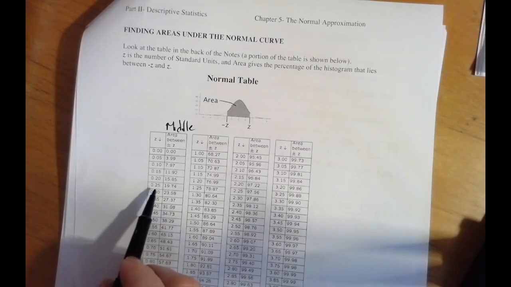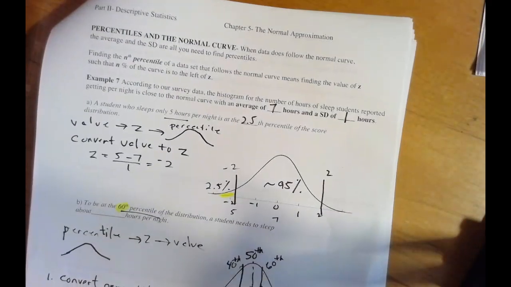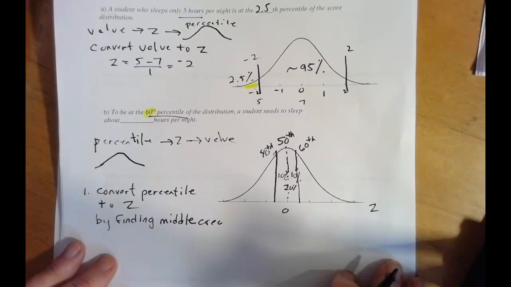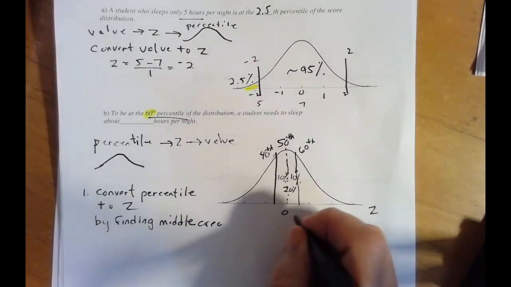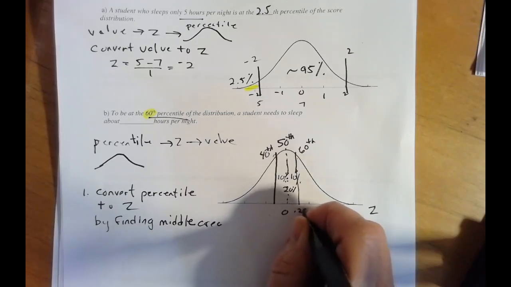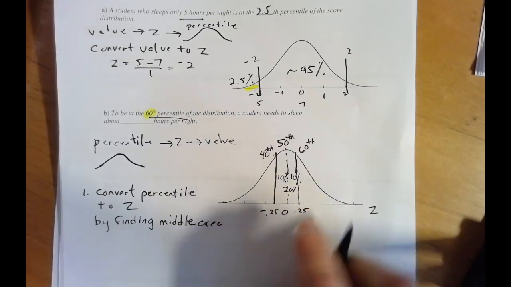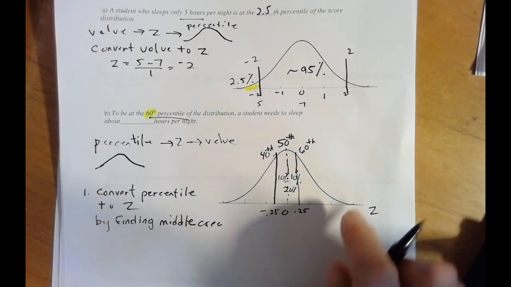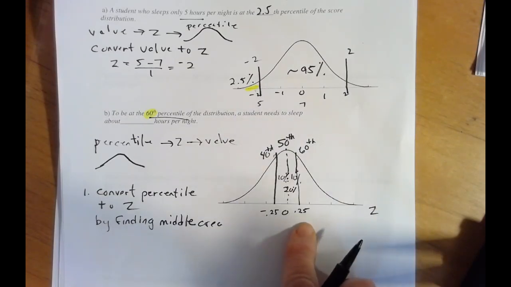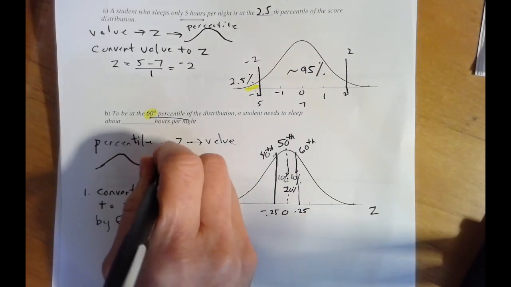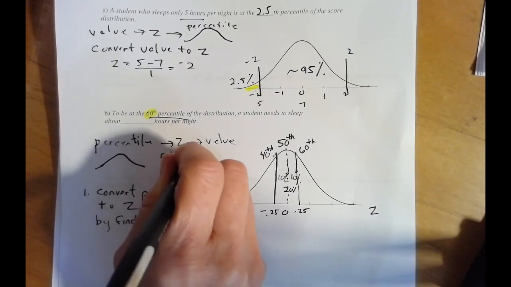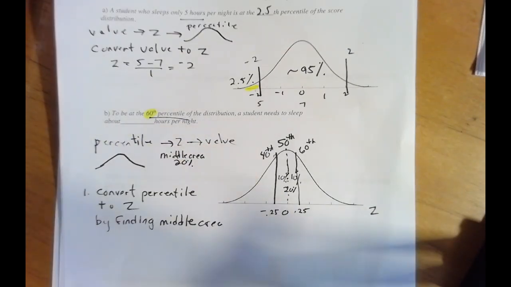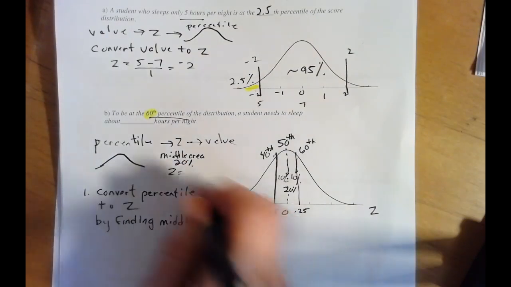It corresponds to a z-score of 0.25. So we've got our z-scores of 0.25 and -0.25. Now, which one is it? Is it 0.25 or -0.25? Well, it's above average, so it has to be 0.25. So here we got this middle area of 20%, and from that we get z equals 0.25.